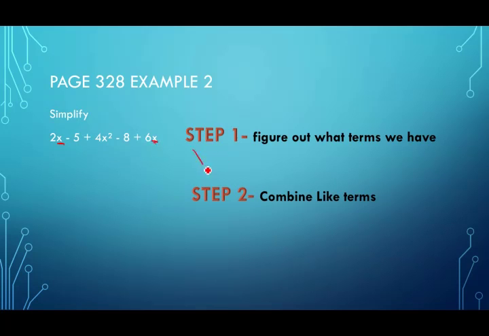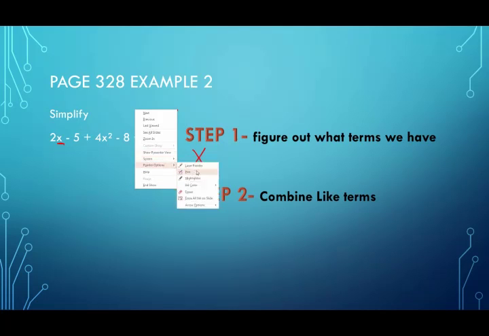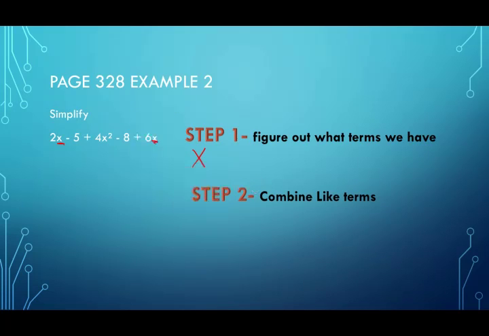So we have the x terms, and then let me get a different color. Green, we have whole numbers here. We have a 5 and we have an 8 here. So we have just numbers. So I'll just put, we have x's, we just have whole numbers.